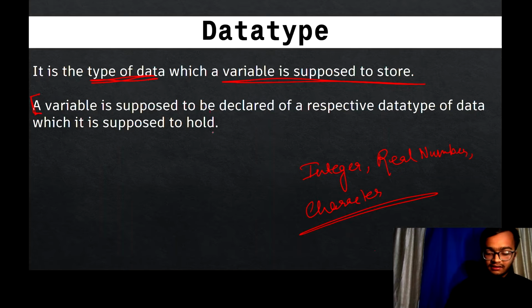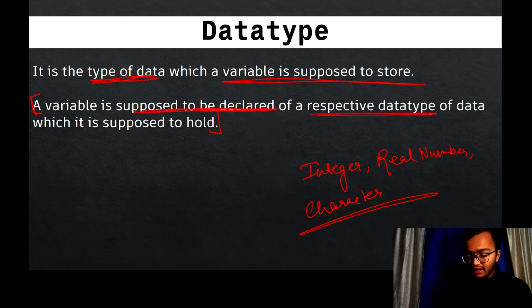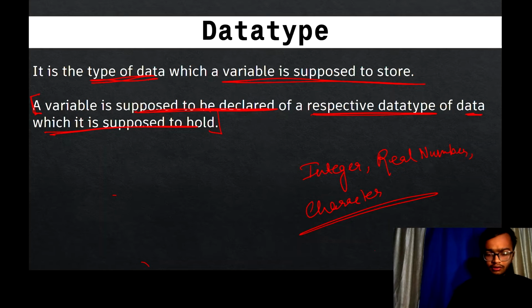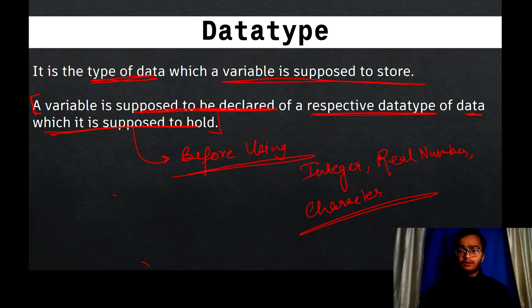A variable is supposed to be declared of the respective data type of data which it is supposed to hold before using. Now if you have a purpose of using a variable in your program, you have to tell the compiler beforehand the type of data which the variable is supposed to hold in the code.